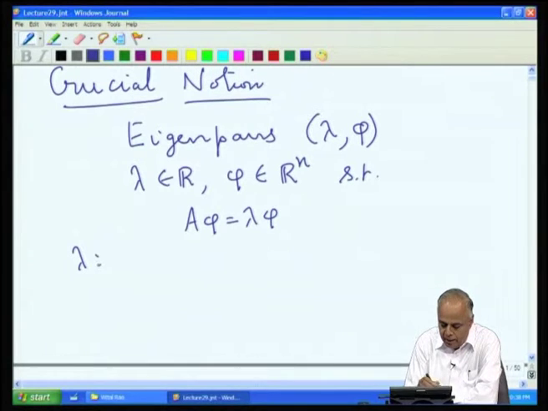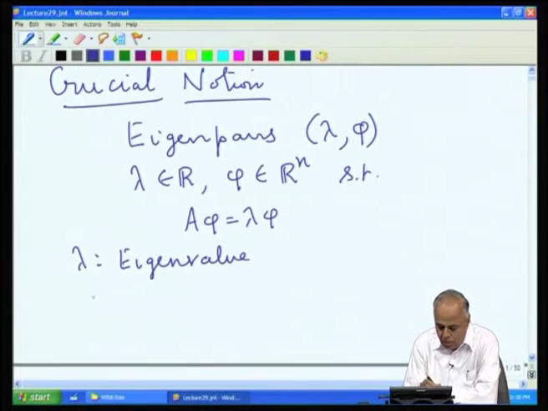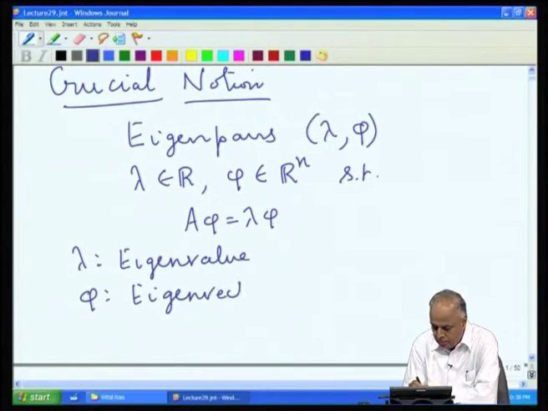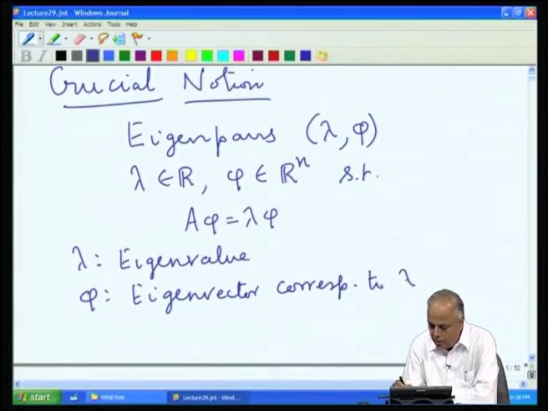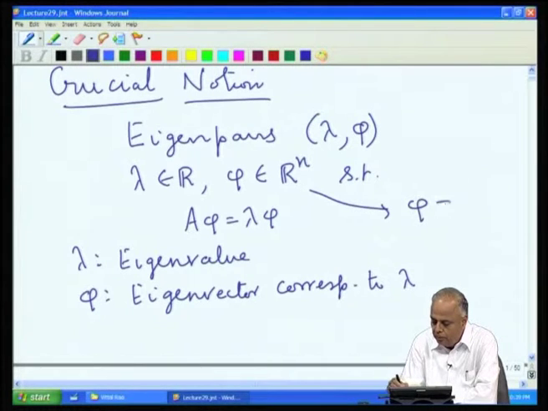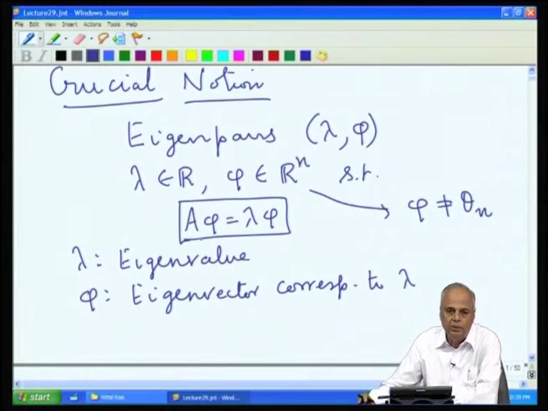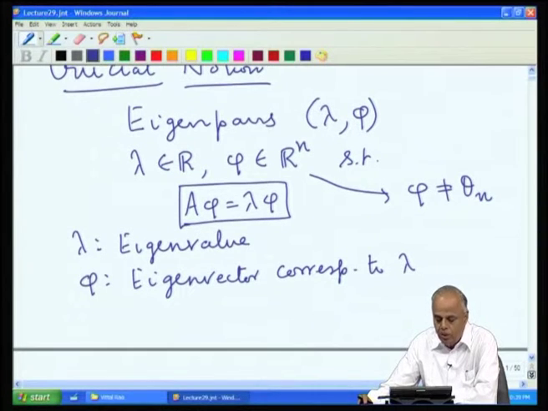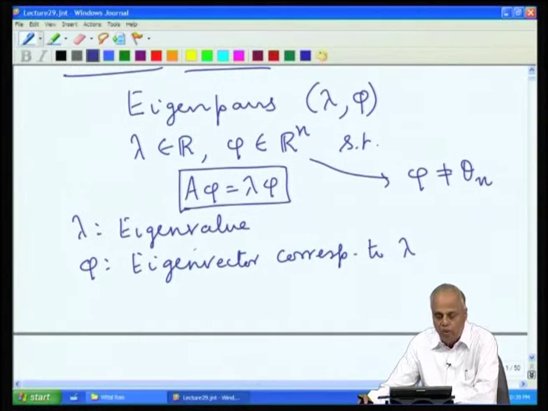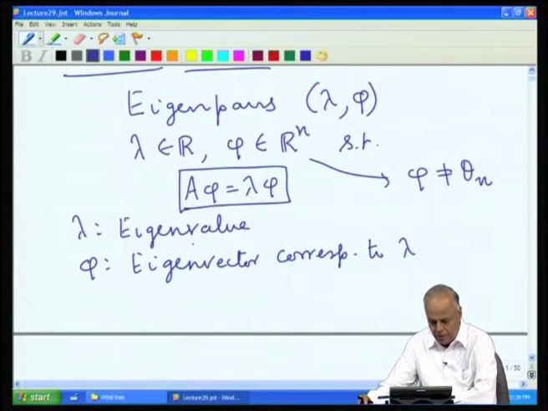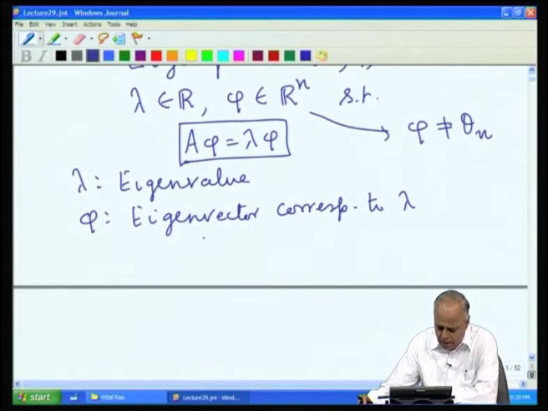Lambda is called eigenvalue, sometimes called characteristic value also, and phi is called eigenvector corresponding to lambda. And here the phi we always want it to be non-zero, because otherwise this equation A phi equal to lambda phi will have the zero solution for any lambda. So, we are looking for those lambdas for which there is a non-zero solution. Such a pair will be called an eigenpair.